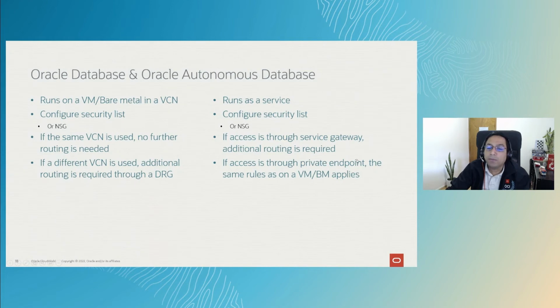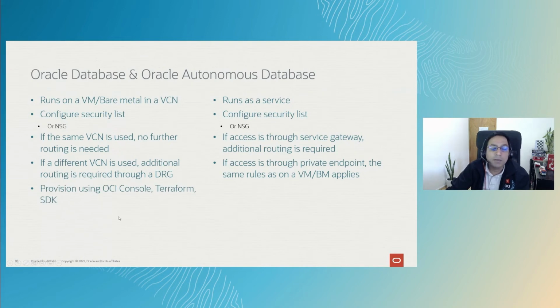The way to think of the private endpoint is to imagine that you are running the autonomous service as a VM. Therefore, it has a presence on your VCN, except you still don't have SSH access to where the database is running. In this case, whether your VCN is the same or different, the same rules apply if you're going to be using the private endpoint.